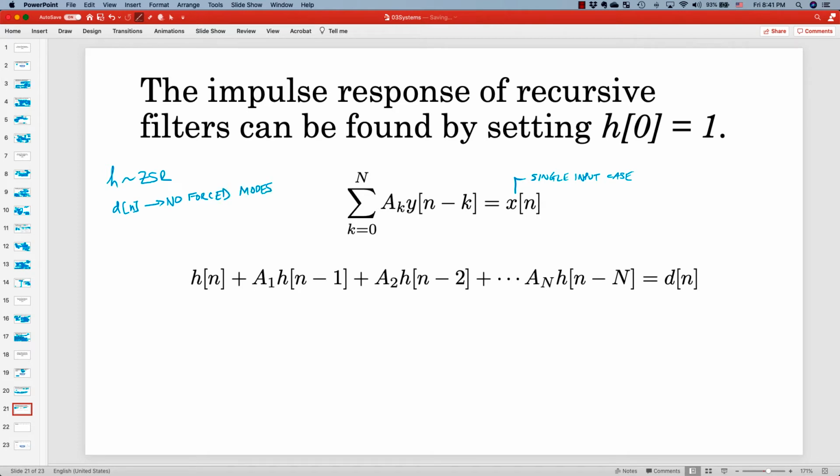And I want you to see the conflict between these two statements. The output should be like a ZSR, which means we need a forcing function. The forcing function produces no modes, which means how can we get the ZSR? And so the answer to this is that, yeah, the ZSR contains forced modes, but it also contains characteristic modes.